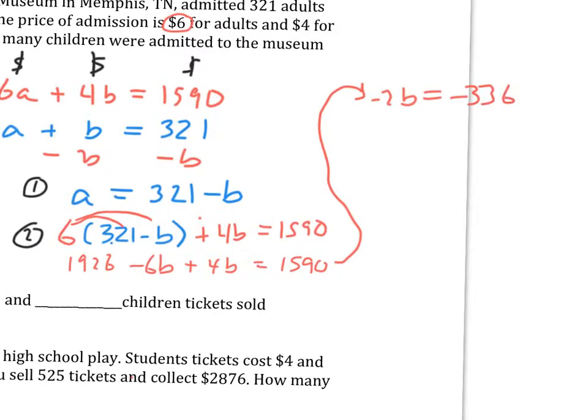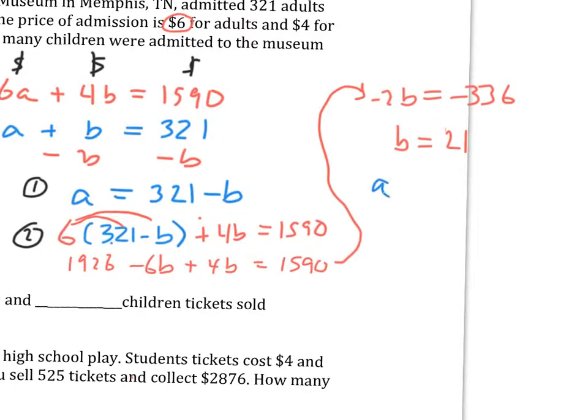Now all we do is divide by negative 2, to get positive 168. So what are we saying? We have 168 children tickets sold. So now we plug that back in.